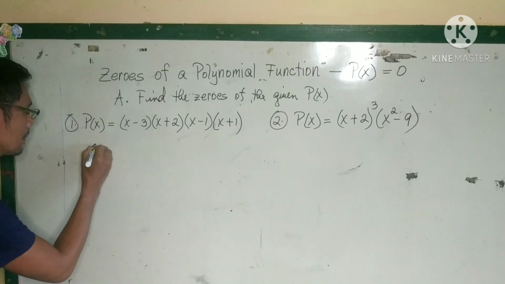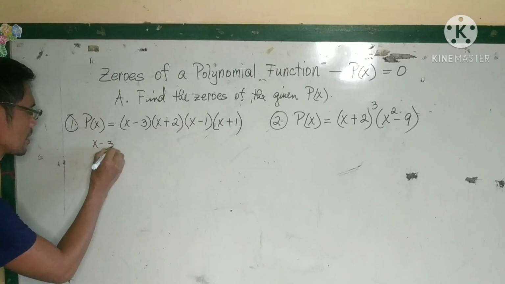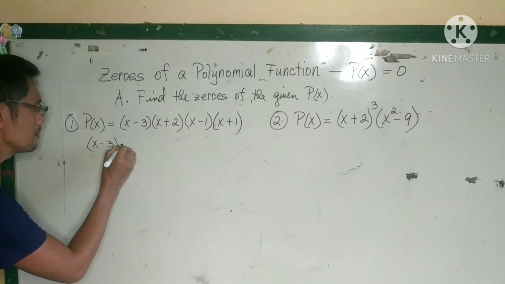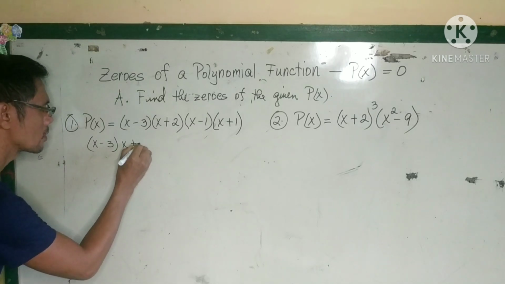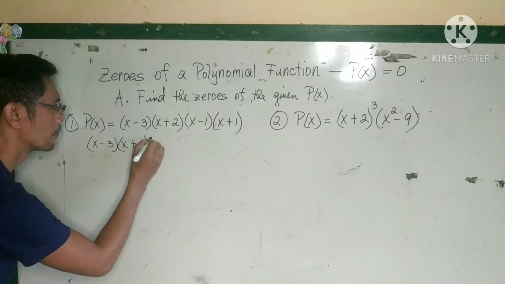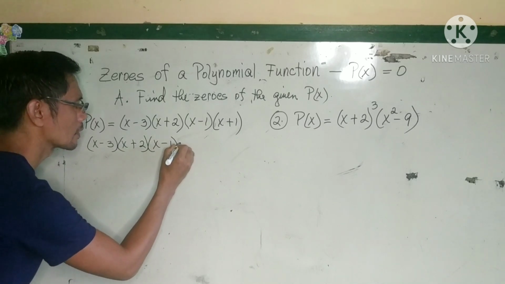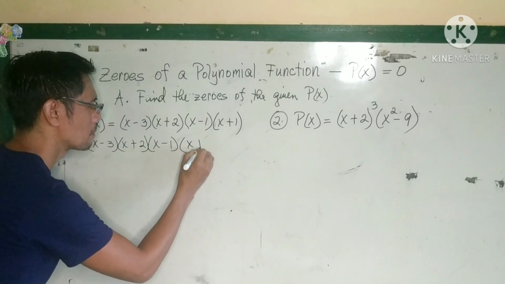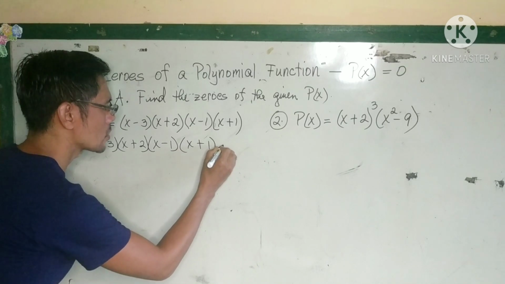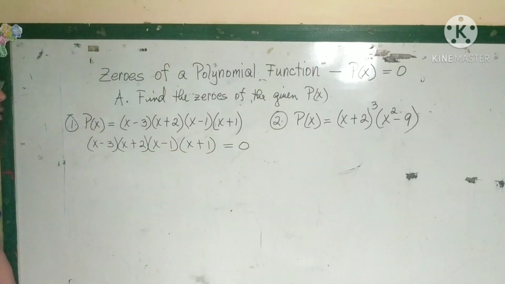So we have x minus 3 times x plus 2 times x minus 1 times x plus 1, equated with 0.